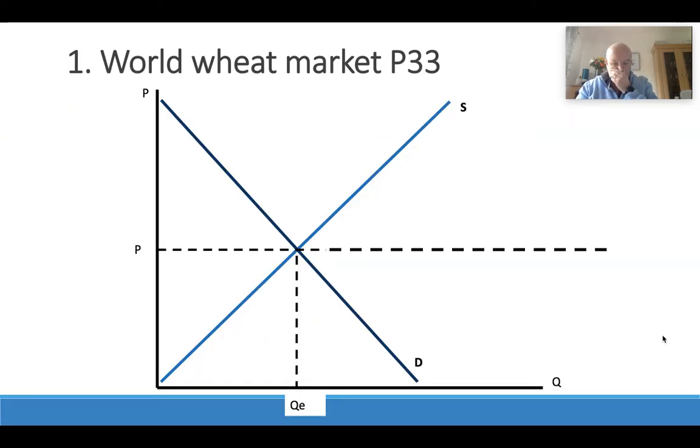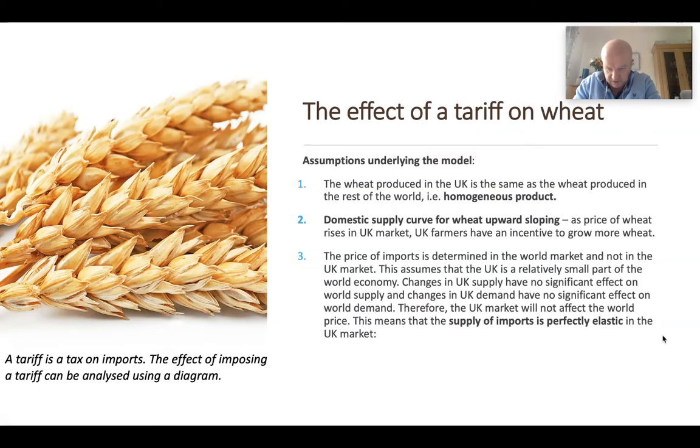So if we take a look at the world wheat market, there we have the world wheat market. You can see we've got supply and demand, and we've got a price that's perfectly elastic, based on the assumption that we made previously.